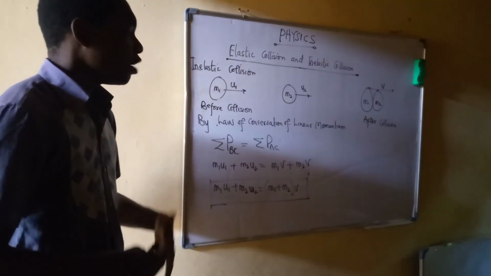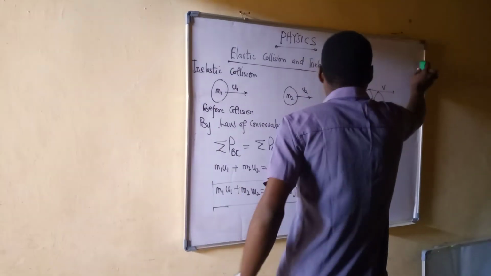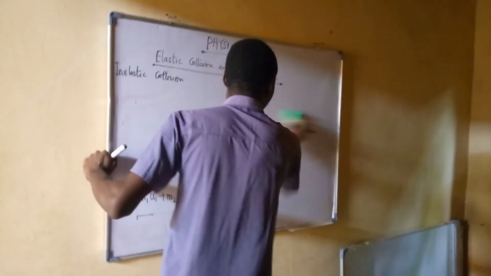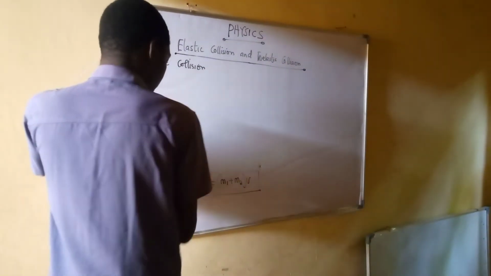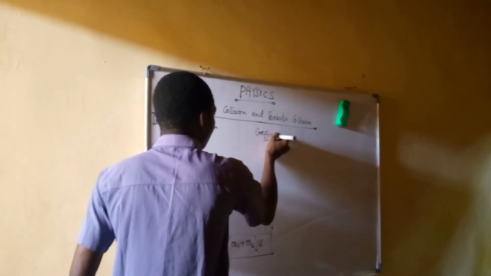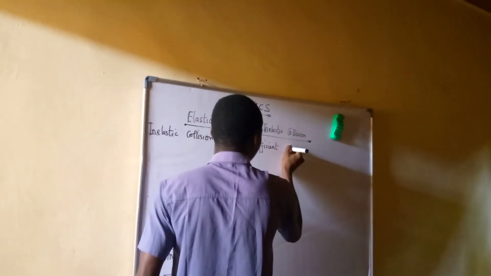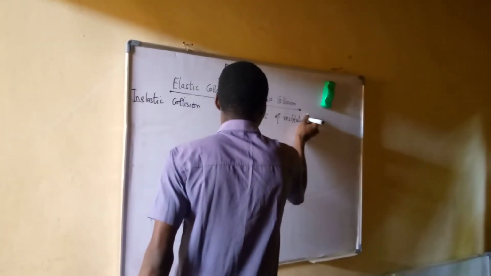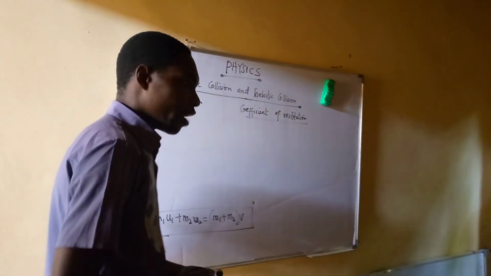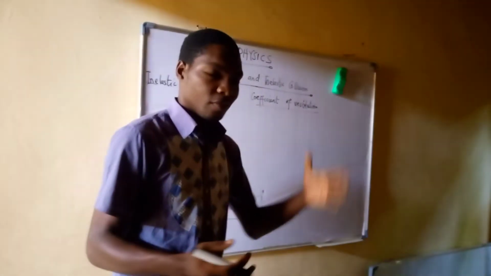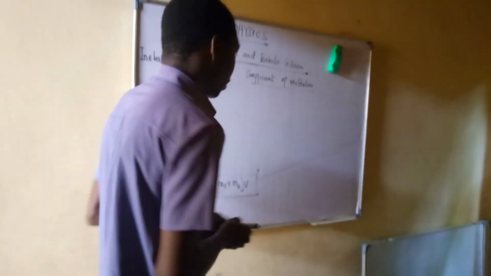So let's talk about the coefficient of restitution now. Anytime we talk about coefficient of restitution, it is referring to the ratio of the final velocities to the initial velocities.